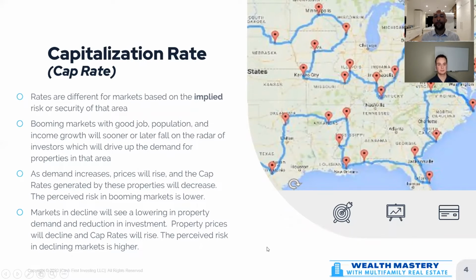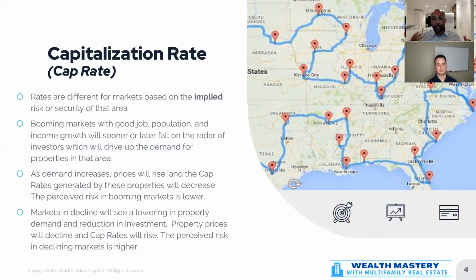The cap rate, right? So the cap rate is going to vary, depending on where you are in the country, where you are in a city, where you are in the investment cycle, right? So, for example, in Washington D.C., where I'm at, specifically where I'm at, the cap rates are lower, right?